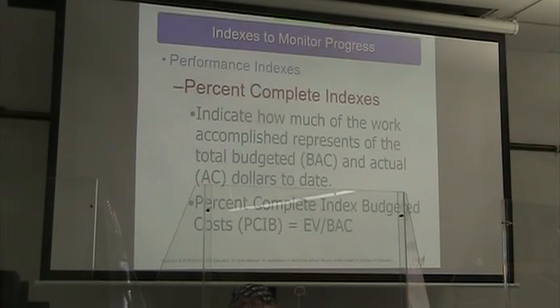We can also use our percent complete indexes. That indicates how much of the work that we have done is represented in the budgeted actual cost to complete against the actual cost up till now.